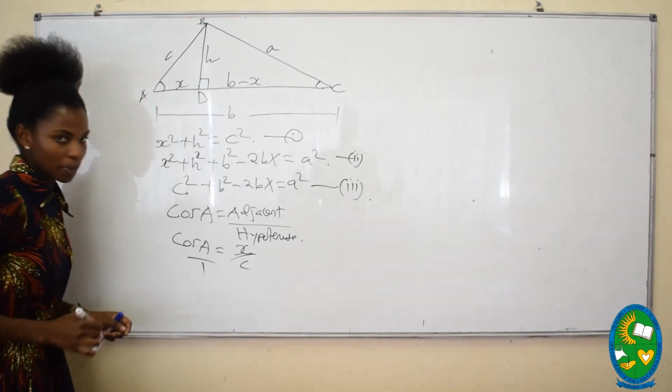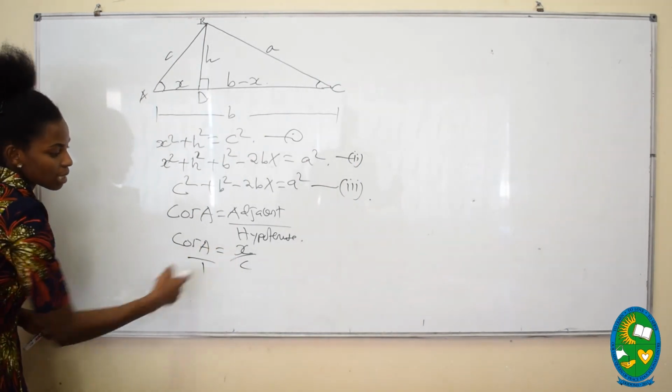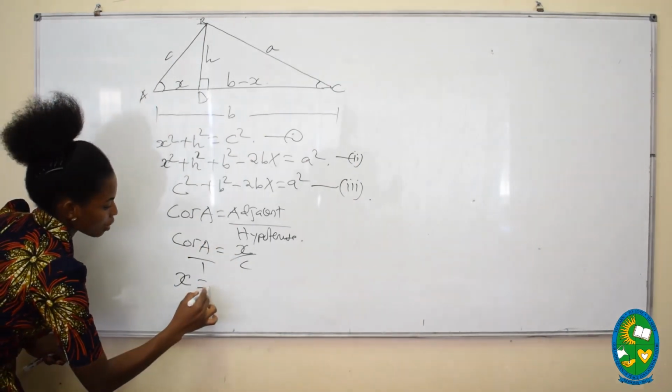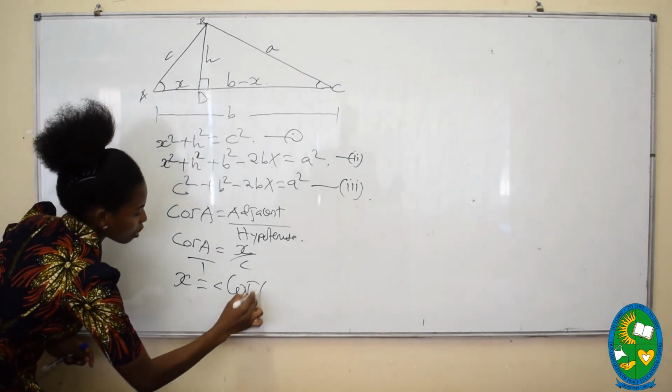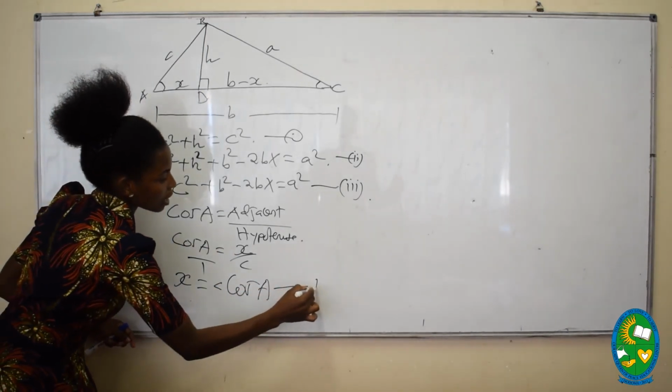Now, cross multiplying to make x the subject, x equals c cos of angle A. Name this equation 4.